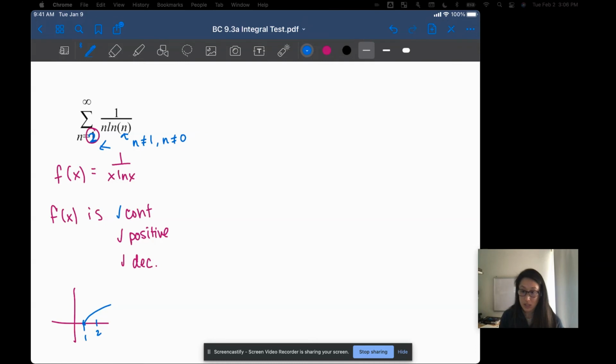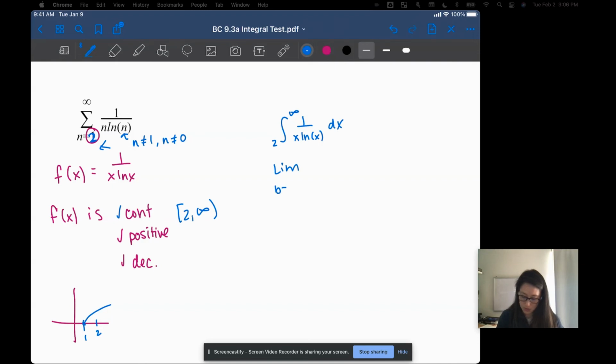So this function is continuous as well from 2 to infinity. Okay, so we're going to set this up as the integral from 2 to infinity of 1 over x ln of x dx. We have to use our improper integral rules.